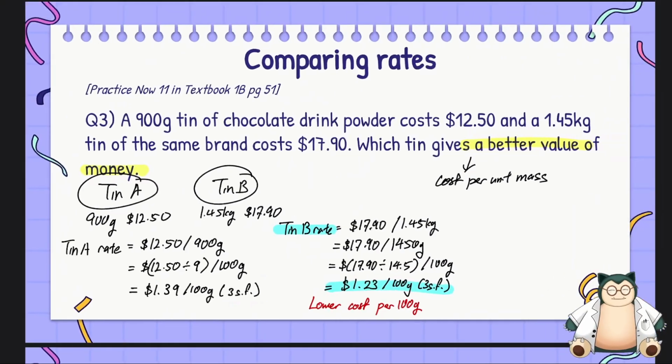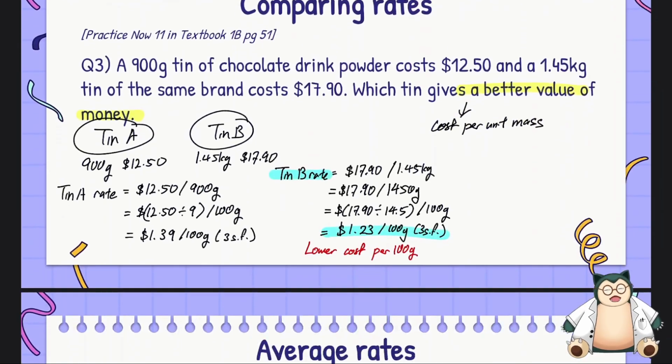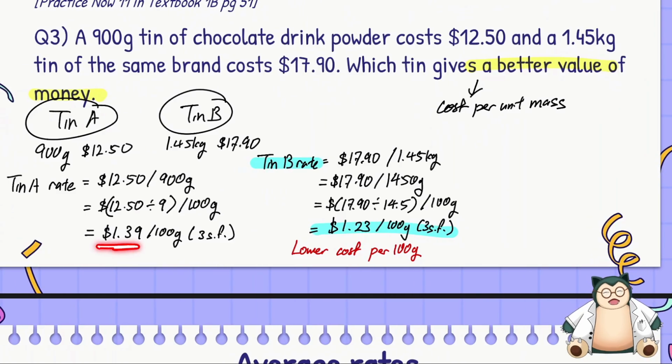For both question 2 and 3, I have demonstrated that you can use either rate to compare. Either you compare the mass per unit cost, in this case kg per dollar, or you compare the cost per unit mass, per 100 grams.